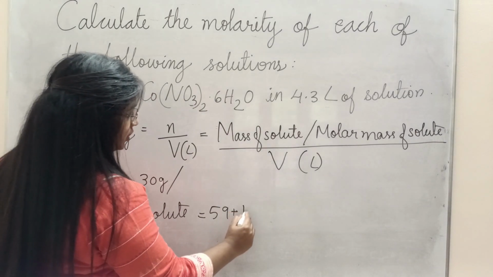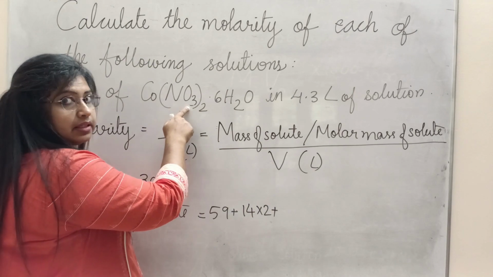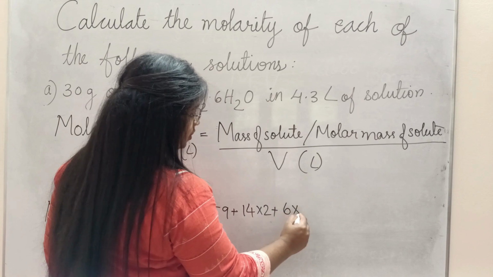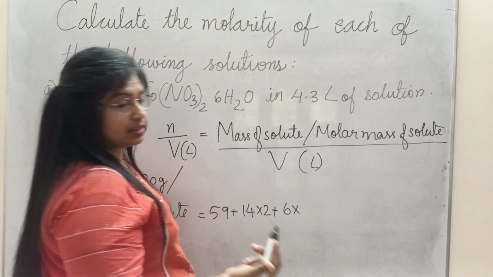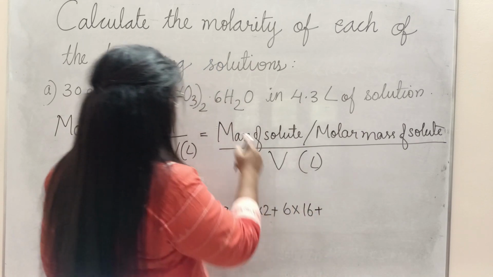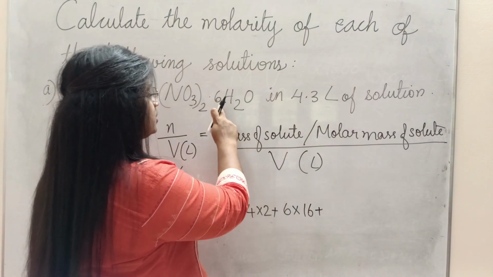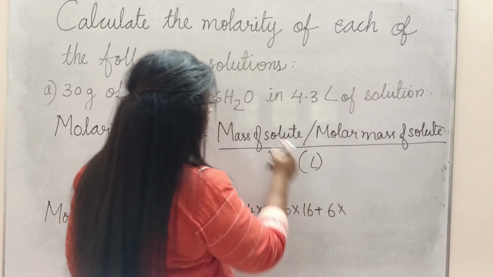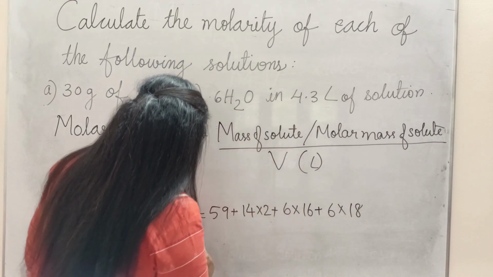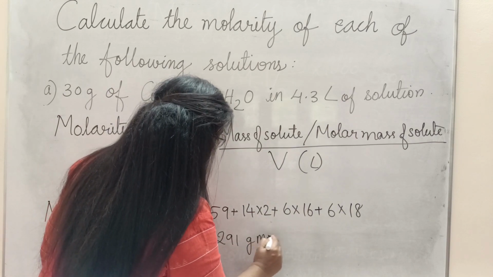Nitrogen we know is 14 into 2, plus oxygen, here 3 into 2, that is 6, so 6 into the molar mass of oxygen, 16, plus here 6H2O, let's take the water molecules together. So 6 into 18 gram per mole, the molar mass of a water molecule. So in total you will get 291 gram per mole.